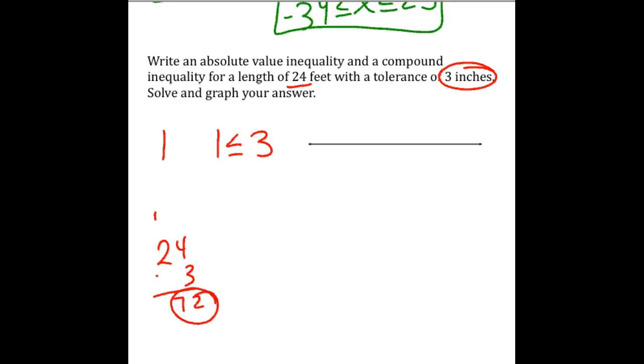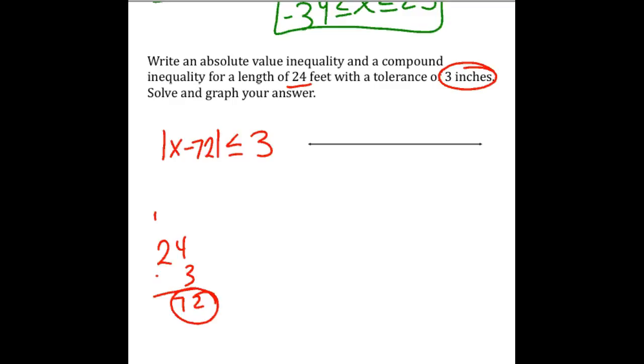Now, what we really want to talk about is 72 inches is the goal of what you're trying to produce. However, sometimes you get it off a little bit. And so that difference between what you actually have and what you want, it has to be less than or equal to 3. And so we can say, well, what I have is really x, and what I want is 72 inches.